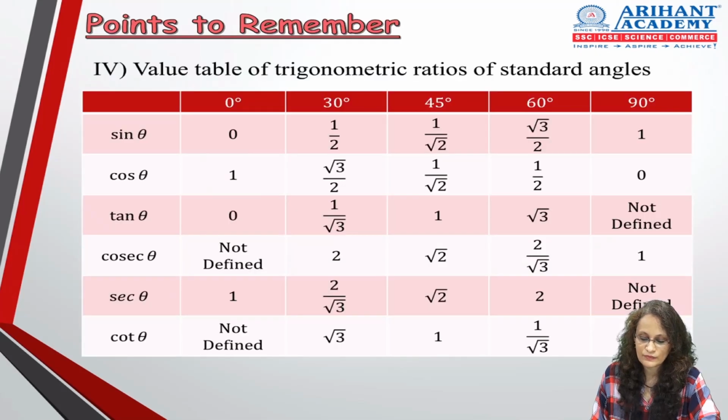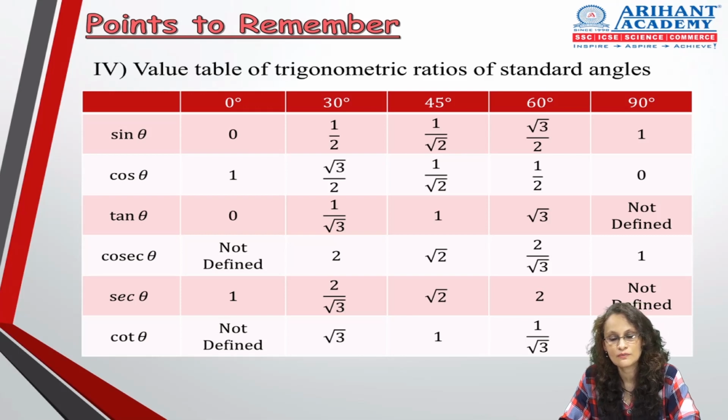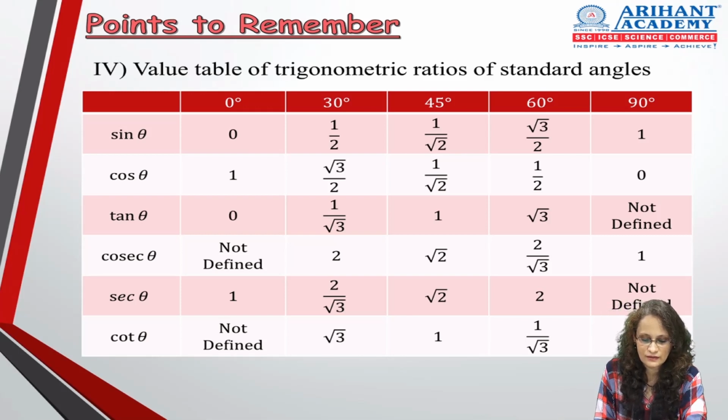Now we come to the 4th header: value table of trigonometric ratios of standard angles. I repeat, value table of trigonometric ratios of standard angles. So here you can see the trigonometric ratios: sine, cos, tan, cosec, sec, cot.